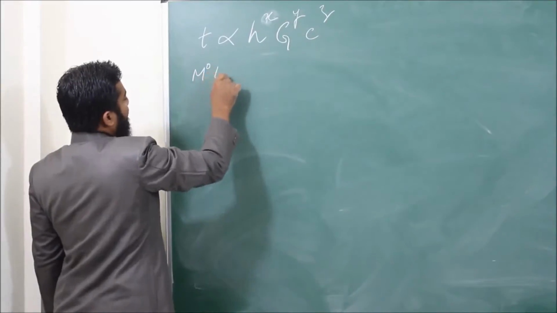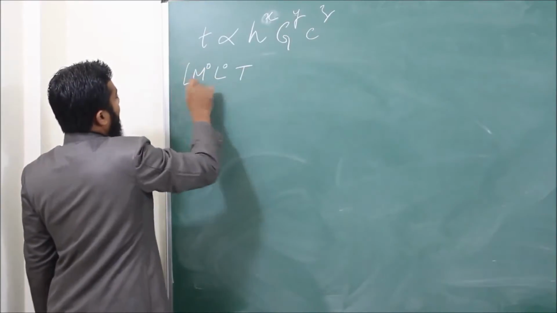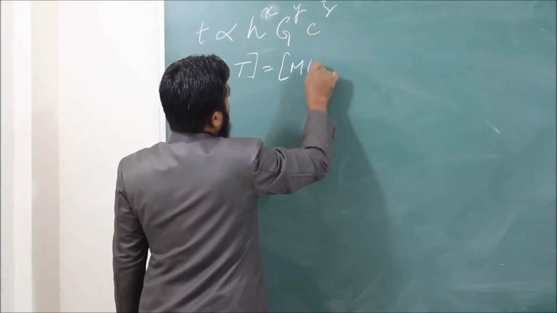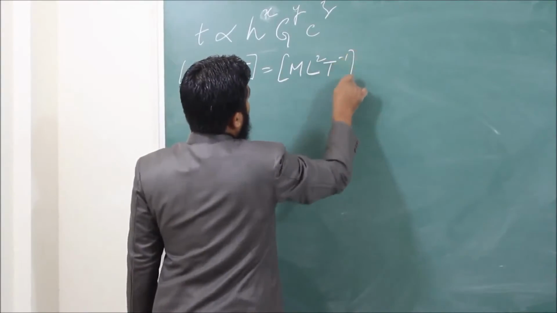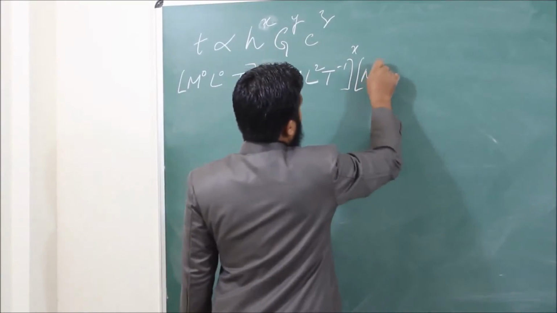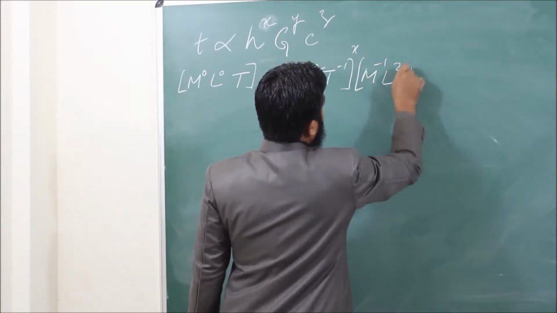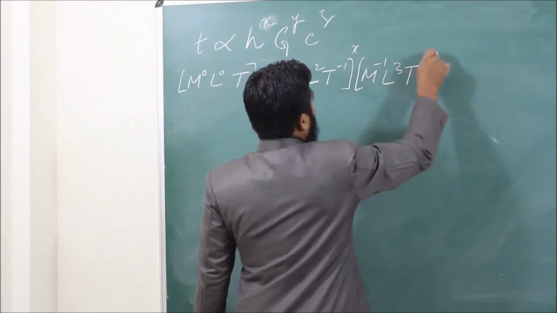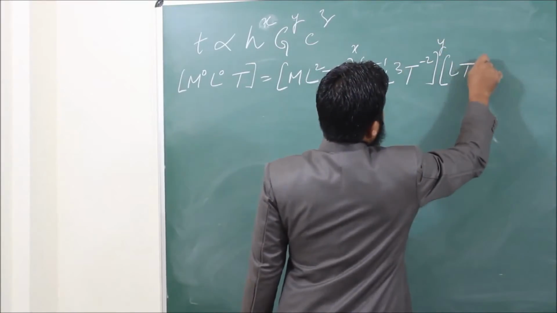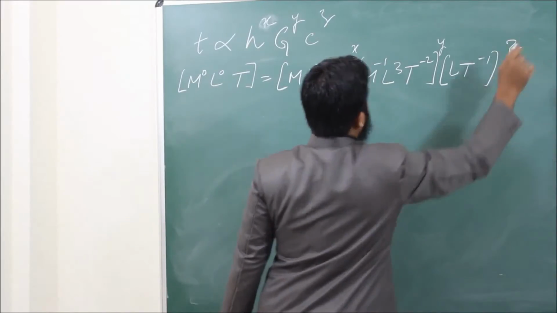So M0, L0 and T for time on the left. On the right hand side, h has dimensions M L square T minus 1, whole raised to the power x. G has dimensions M raised to the power minus 1, L cube and T minus 2, whole to the power y. And c has dimensions L T minus 1, to the power z.